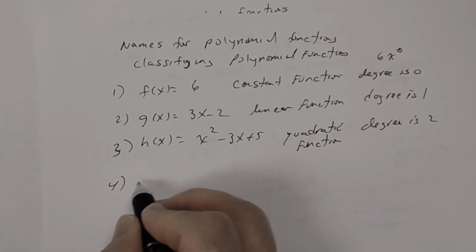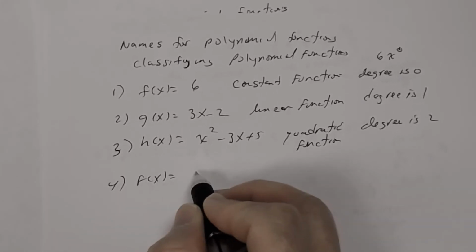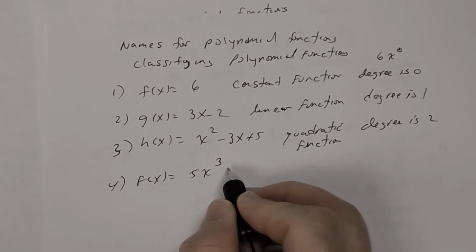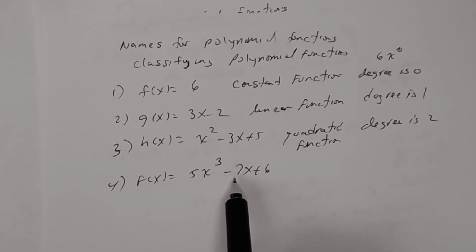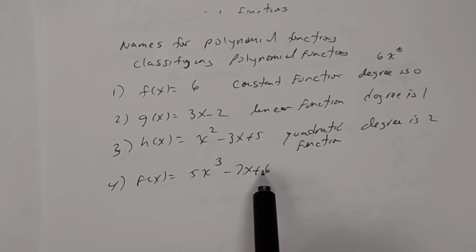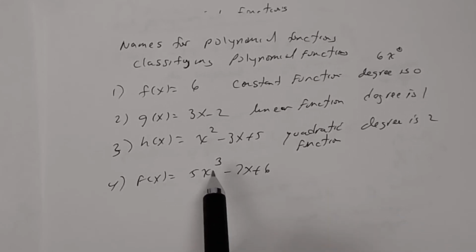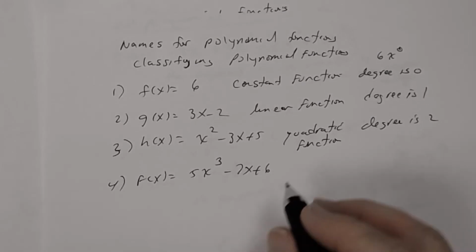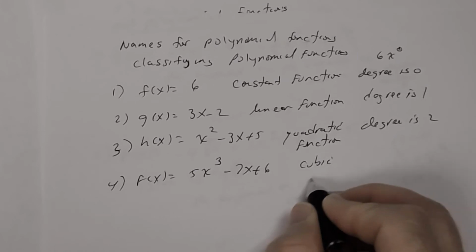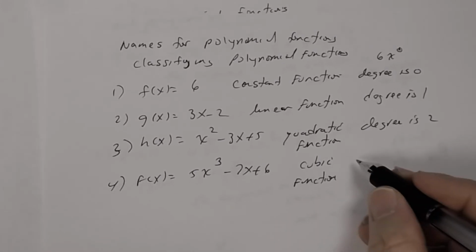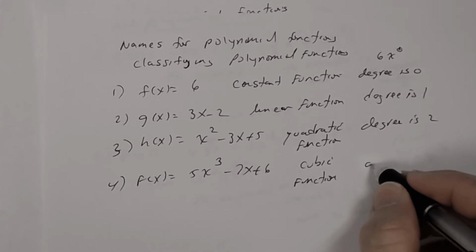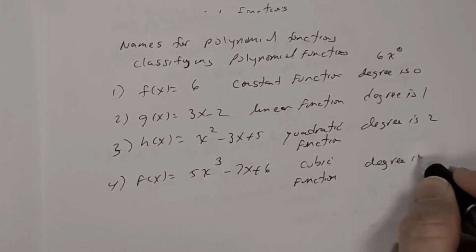Number 4, let's say we had f of x equals 5x cubed minus 7x plus 6. What's the degree of this polynomial function? The degree is 3. A polynomial function with degree 3 is called cubic. So that's a cubic polynomial function, and it has degree 3.